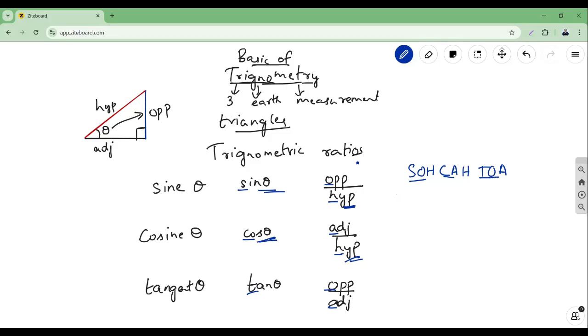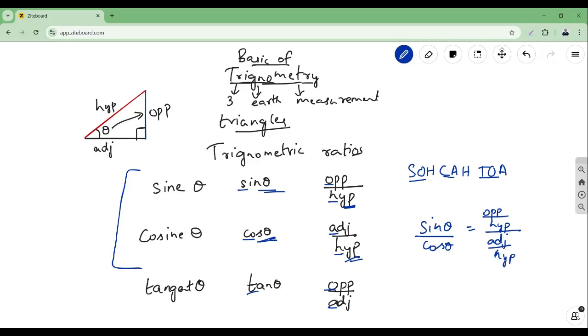And if you remember only these two, it's sufficient, because once you divide sine theta by cos theta, that means opposite by hypotenuse divided by adjacent by hypotenuse.